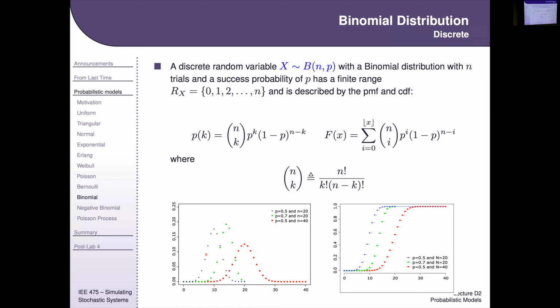And so as the N gets lower and lower, like if you flip a coin 5 times, regardless of what the probability is, you can get a really wide range of outcomes.